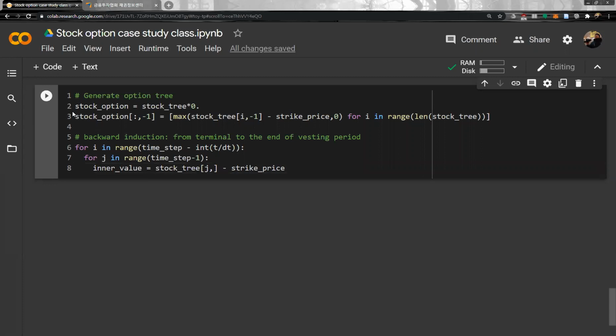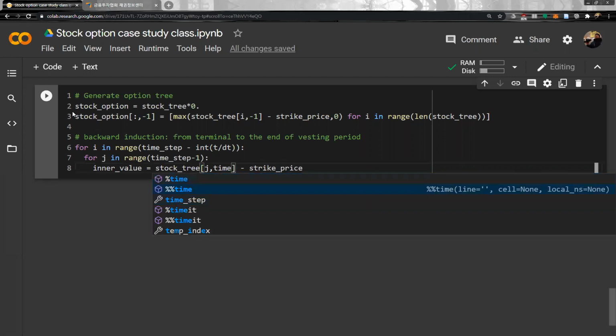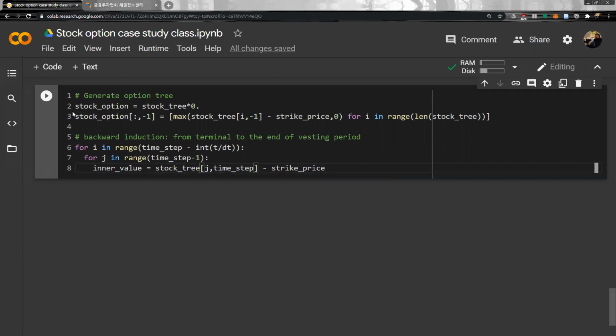So we are moving from the back, so time step minus I, and then we have to subtract 1 again because we are doing backward induction. So this is inner value: stock tree J, time step minus I minus 1, minus strike price.